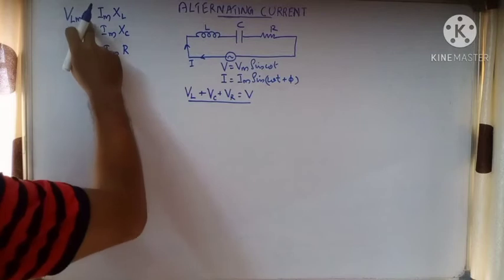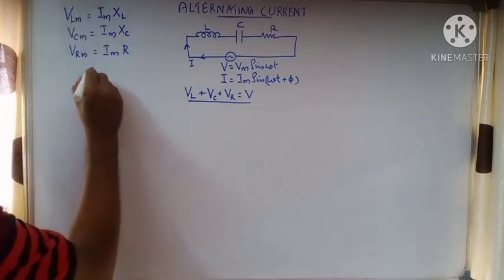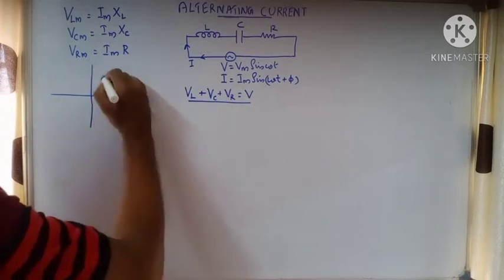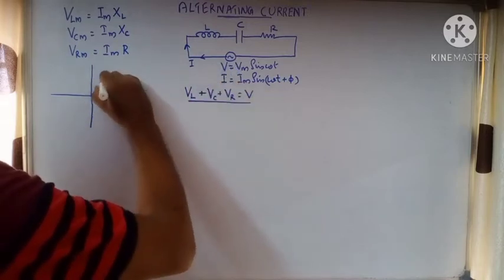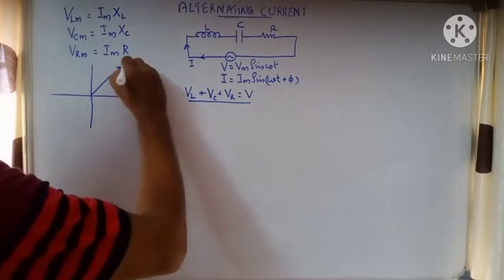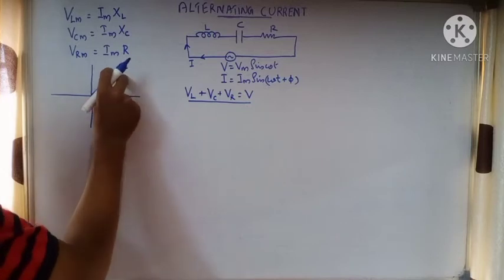First we will see the inductor. We can draw the phase relation for the inductor. For example, we will first draw the quadrant. We just take the current first. This is the current, the phasor representing the current. The length of this vector will be equal to Im, the peak value current, as we have already seen in previous classes.